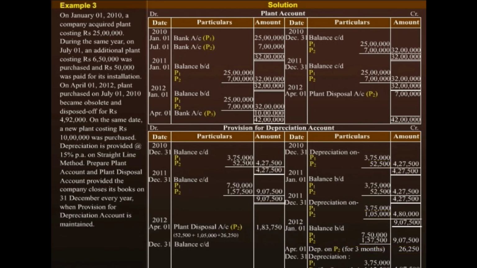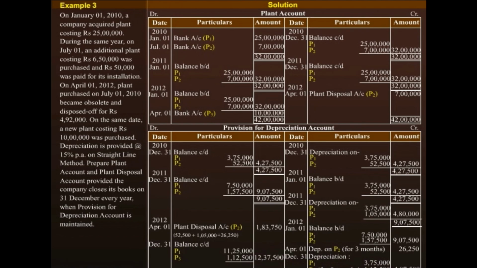Similarly, on December 31st, for P1, the total depreciation is 11,25,000, which is the total of all these highlighted amounts. And lastly, for P3, it is only this year's depreciation, which is 1,12,500. Thus, the final depreciation amount is shown in the outer column like this.